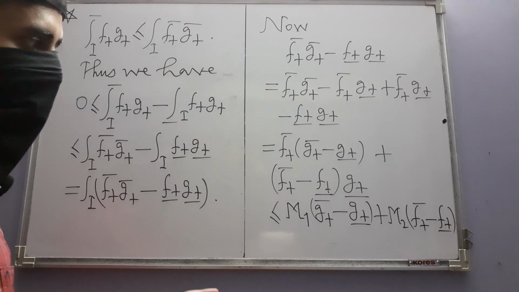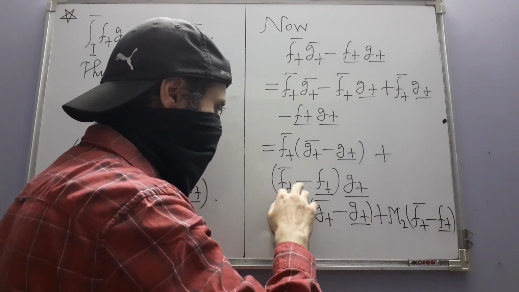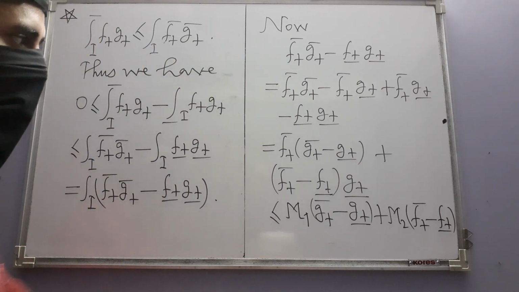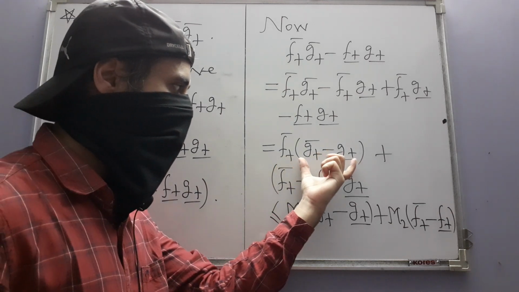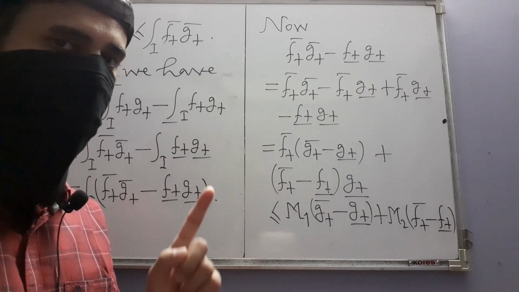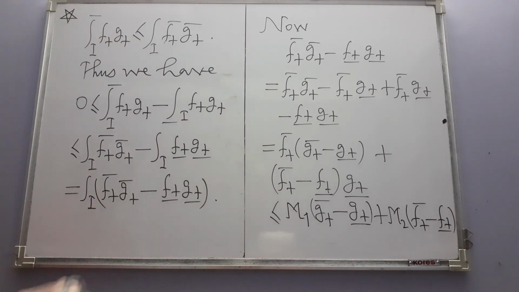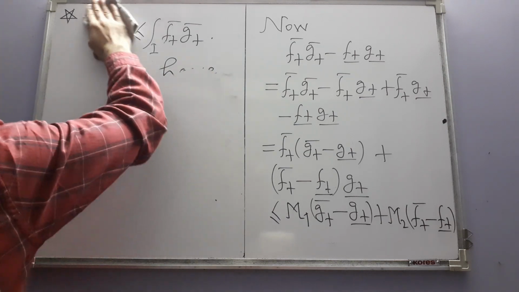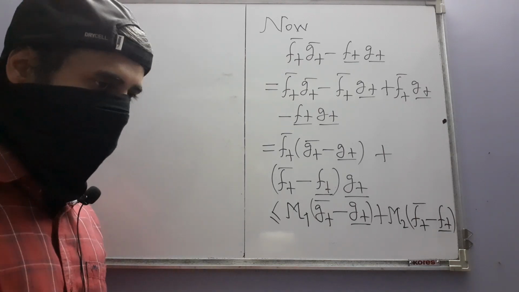Whenever you have an inequality, and you need to replace something by a bigger thing, but something else is multiplied, you need to make sure that whatever the other factor is itself non-negative. Why? Because of this.